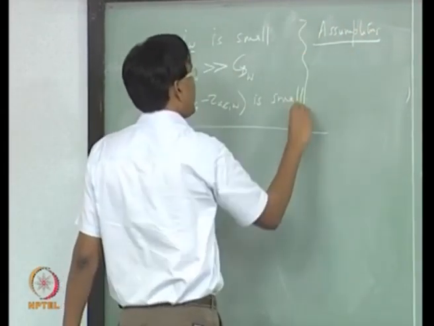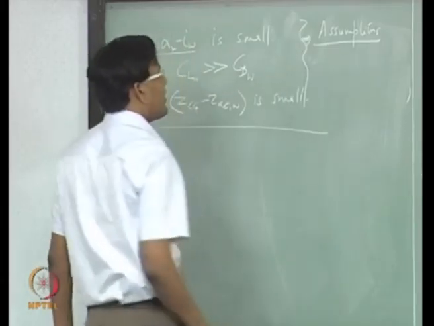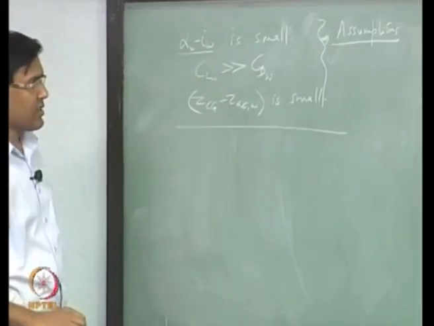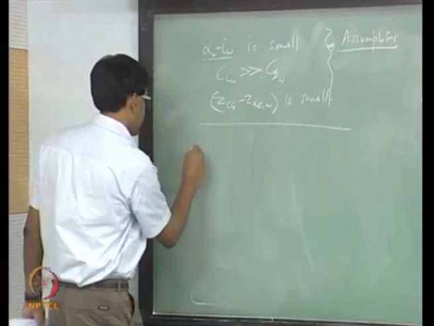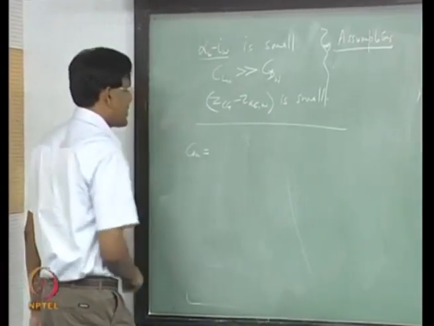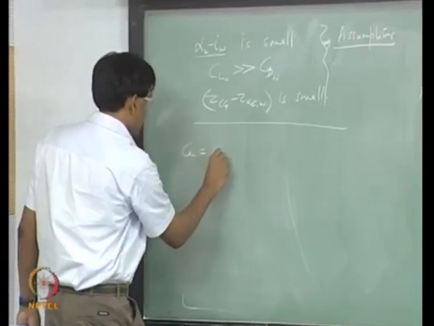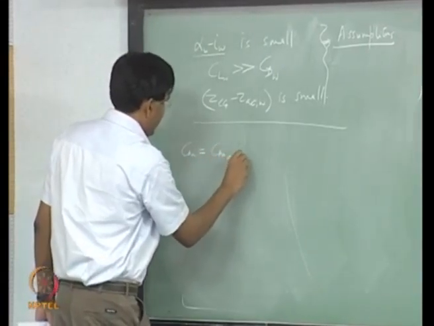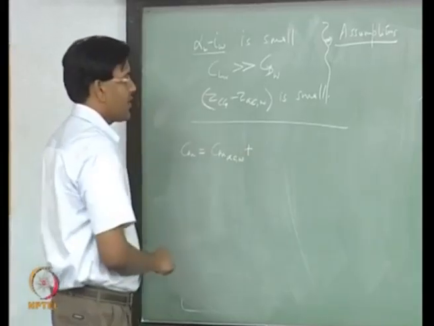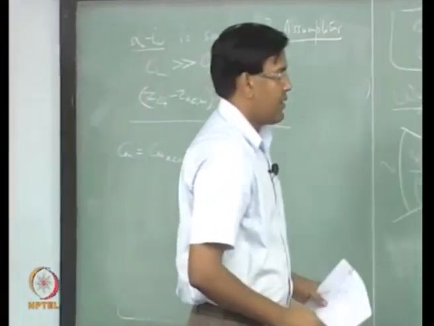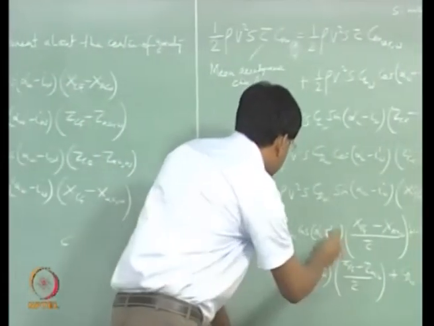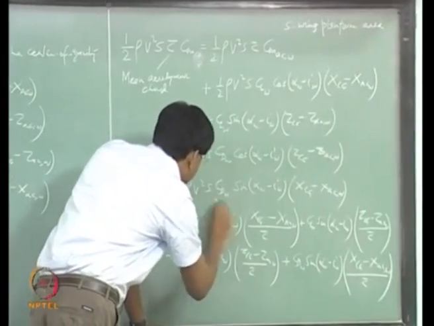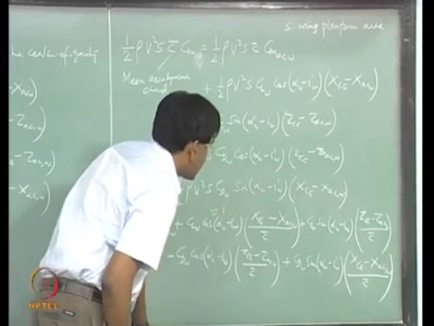So, these are the assumptions that we are making to simplify that expression for Cm. Okay. So, because of my assumption, this is equal to 1.